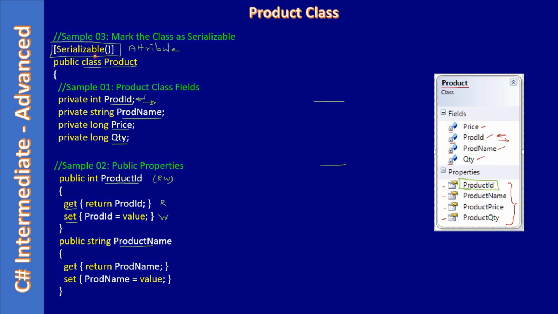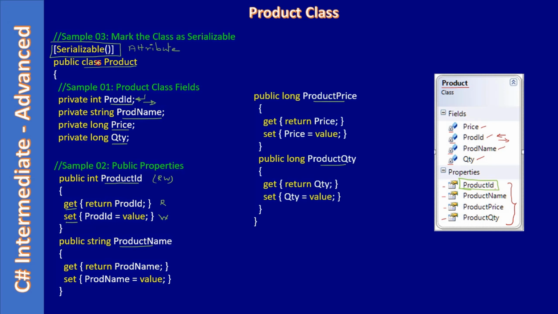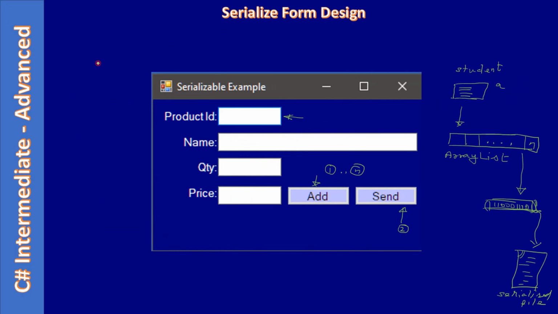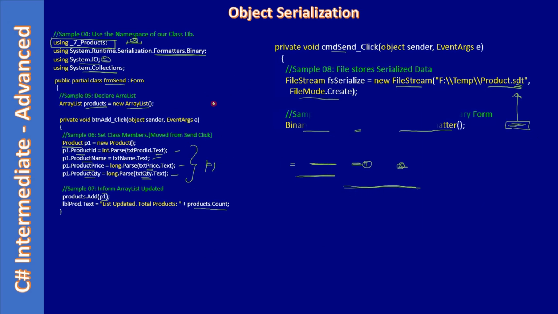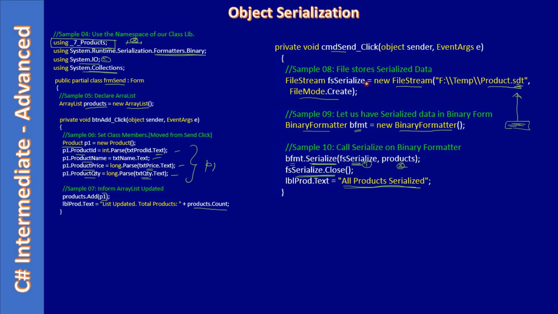Alright, so this is the product class which we created in class 2, and we kept it in the class library project called product lib. Then we talked about the first exe example which performs the serialize operation, and we implemented the code to do the serialization. Here if you see, we specified the file location.